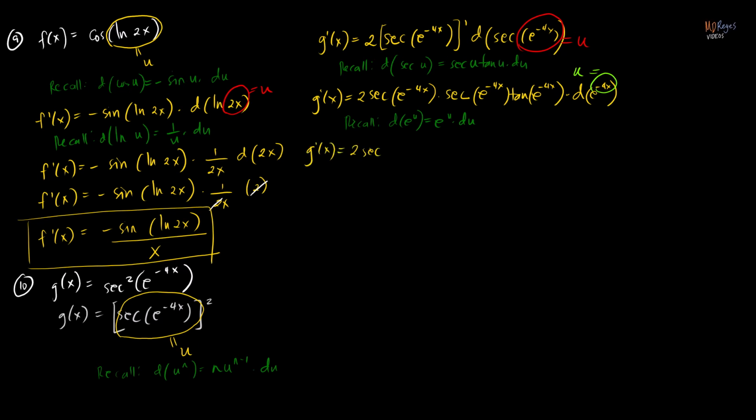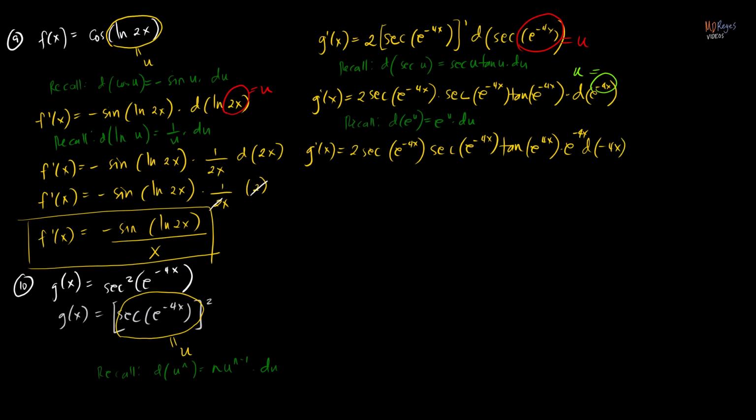It's 2 secant of e to the negative 4x, let me just copy everything, tangent of e to the negative 4x. The derivative of e to the negative 4x using the formula for the differentiation of e to the u is e to the negative 4x times du, where u is negative 4x, so it's the derivative of negative 4x.